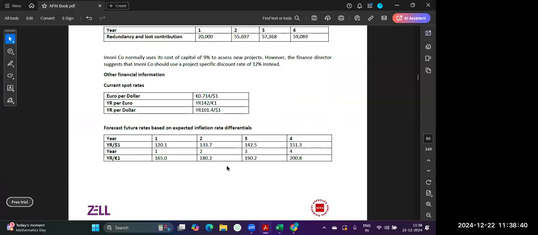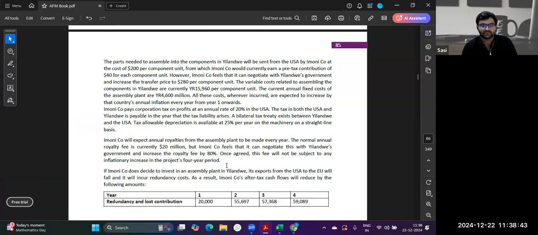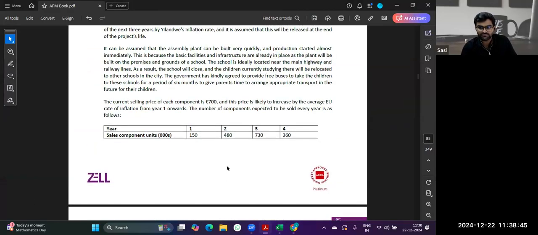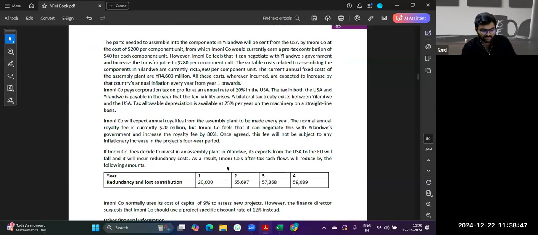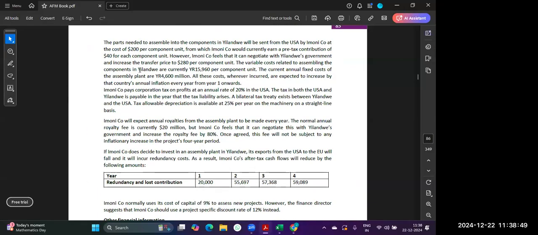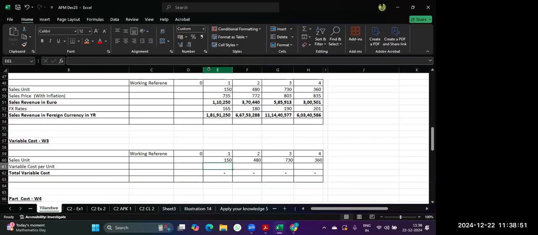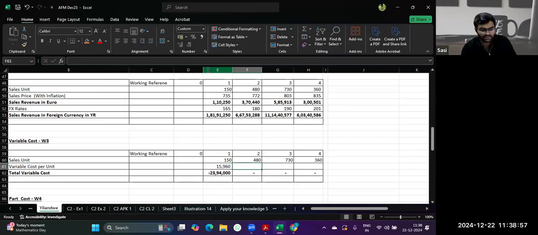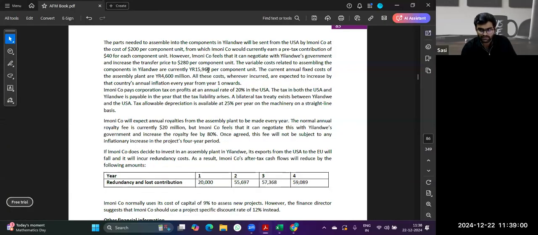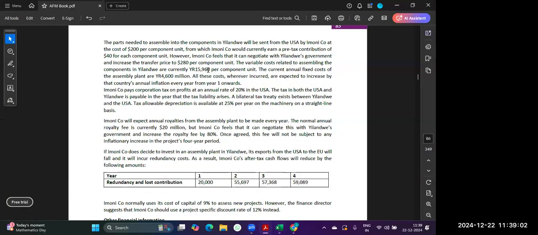Oh, sorry, I don't need a conversion rate here. What is the variable cost? 15,960. Is there any increase by inflation mentioned for variable cost? Yes, sir.